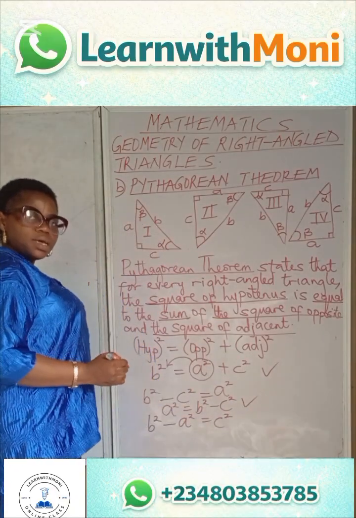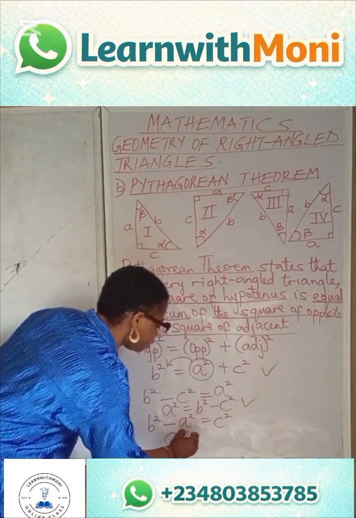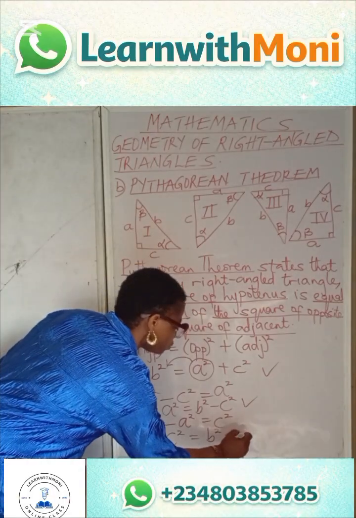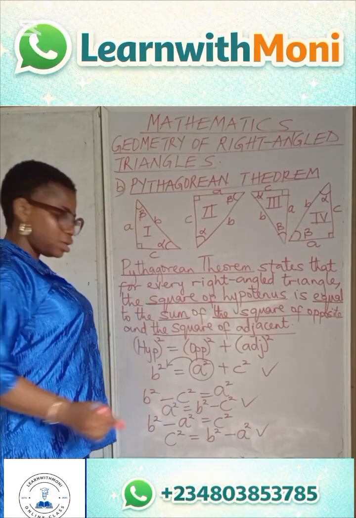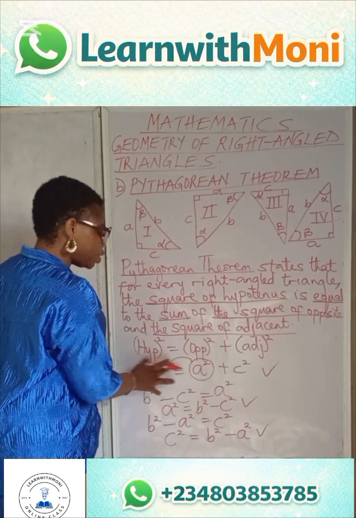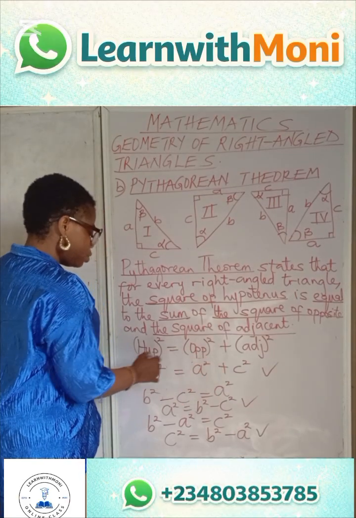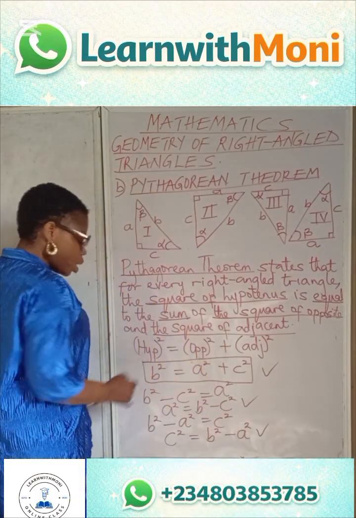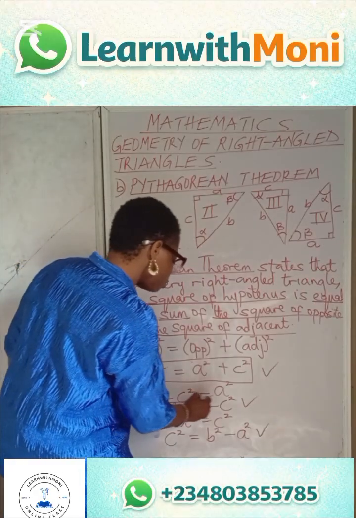So stating Pythagoras theorem as c square equals b square minus a square is also correct. They are just pure manipulation of changing the subject of the formula. So this is Pythagorean theorem. When you change the subject of the formula, this is also correct.